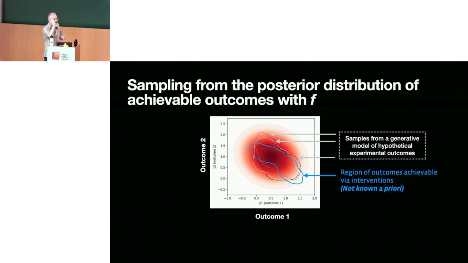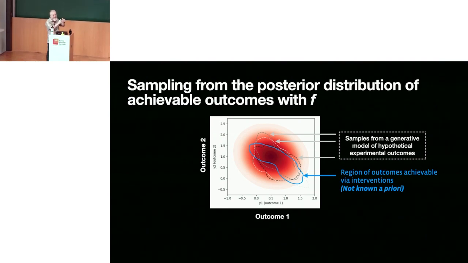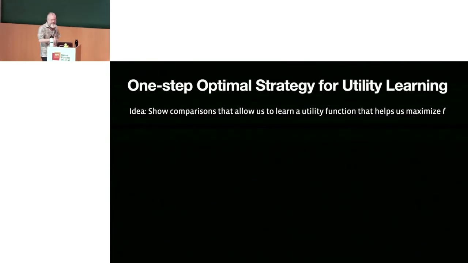And so we make a draw from this multi-output Gaussian process, and then we perform some optimization of this. In particular, we're going to ask people about queries that have high utility, so we're going to show them points that we think are good. And that way we can learn about what their utility is without actually knowing exactly what outcomes are achievable, because we know approximately what outcomes are achievable.